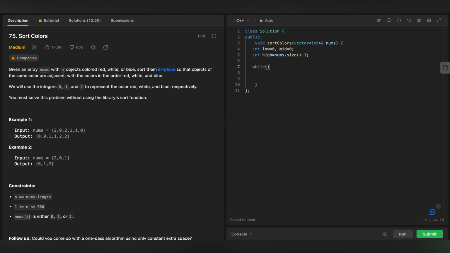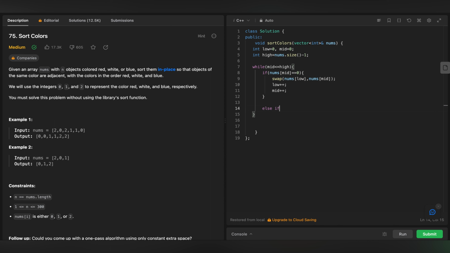And we'll write a while loop: while mid is less than or equal to high, if nums of mid is equal to 0, then swap nums of low and nums of mid, and we will increment both of them.